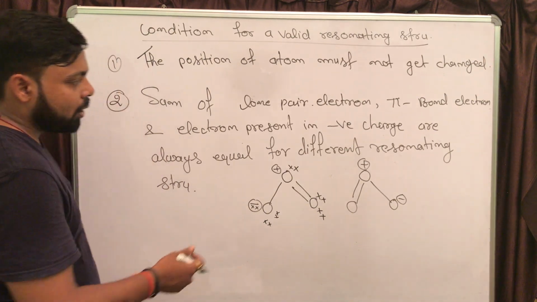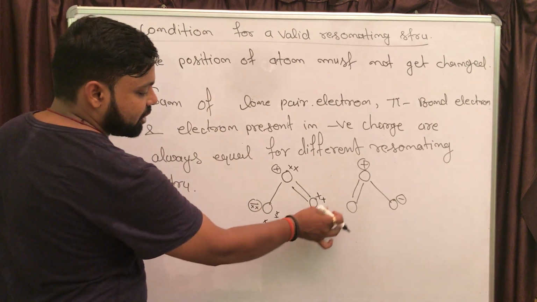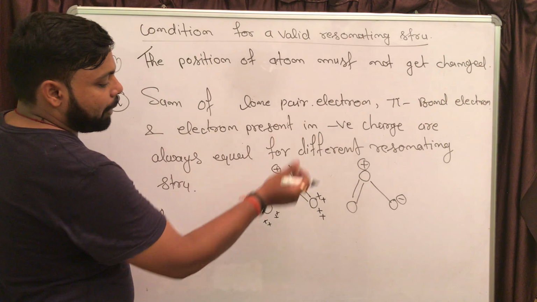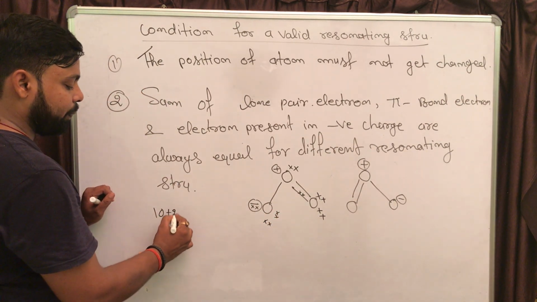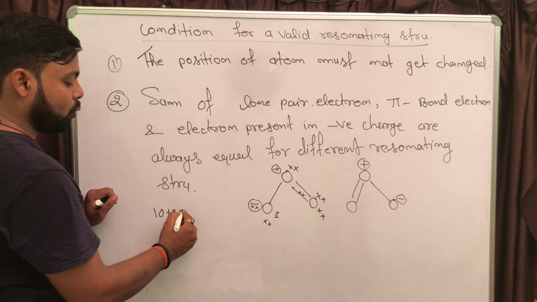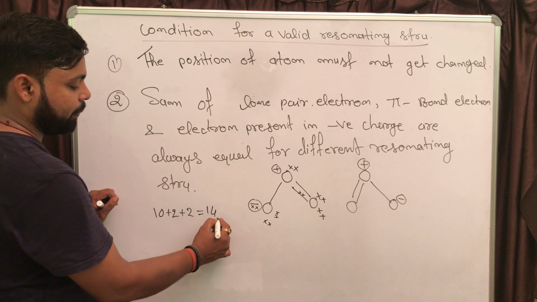So let us count lone pair electrons. There is 2, 4, 6, 8 and 10. 10 lone pair electrons. And then pi bonded electrons, there is 1 pi bond, and 1 pi bond is carrying 2 electrons. And the number of electrons present in the negative charge, there are 2 electrons in the negative charge. So total, how much? 14.